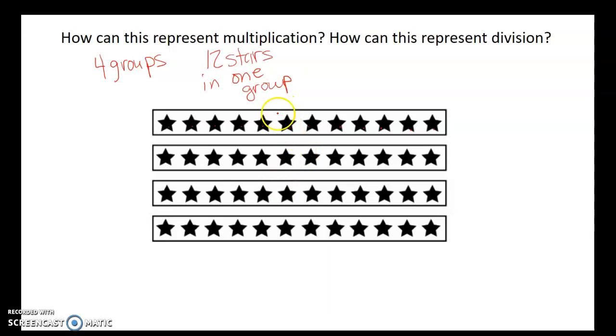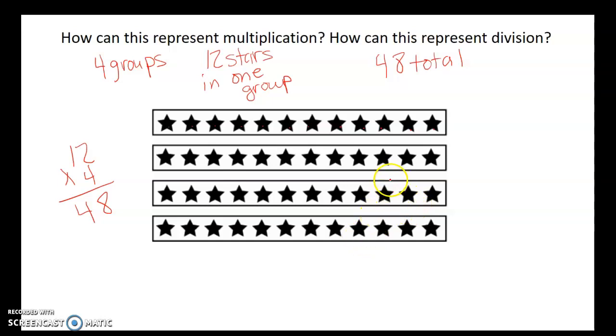All right, now I need the total. Let's do it over here. 12 times 4 is 48. So 48 total. Now I can write my multiplication and my division fact family.